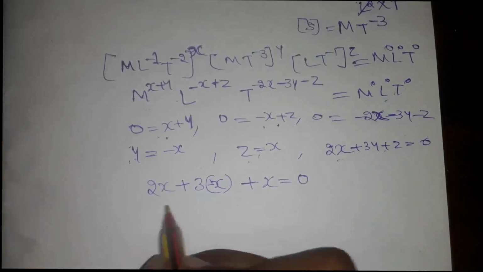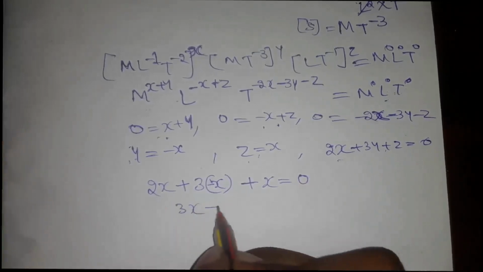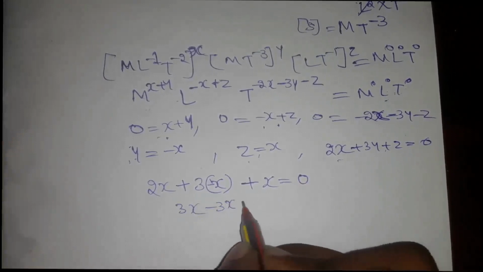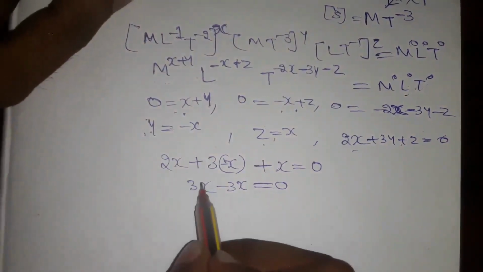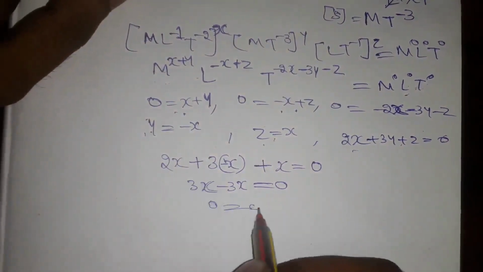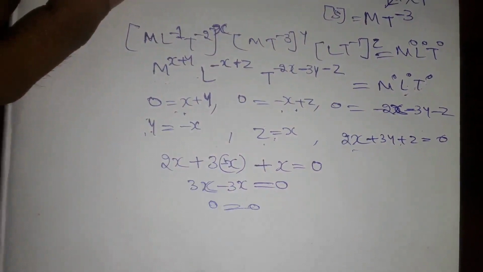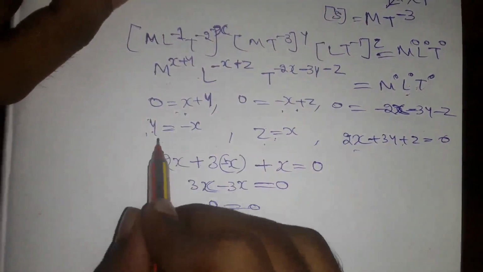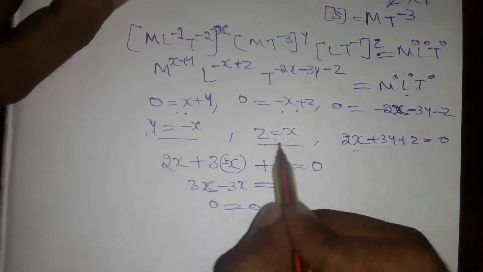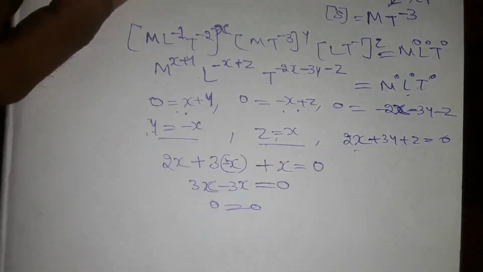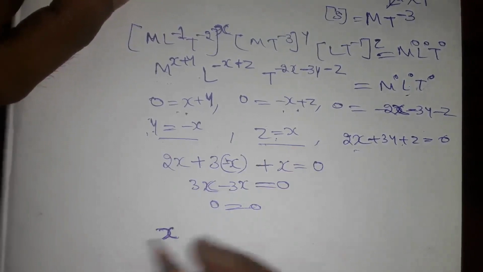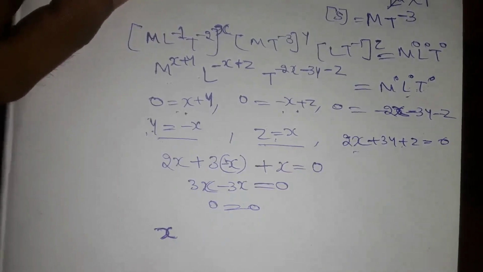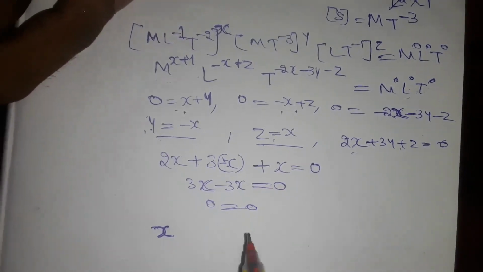So 3x minus 3x is equal to 0. Here we are getting 0 is equal to 0, so we can see that from y equal to minus x and z equal to x, for any value of x we don't get one solution, but we get infinitely many solutions.